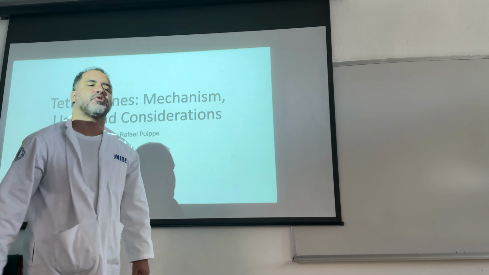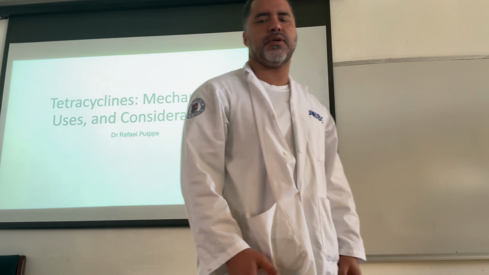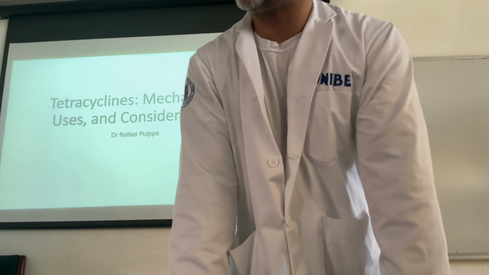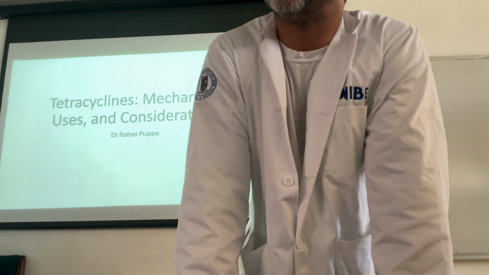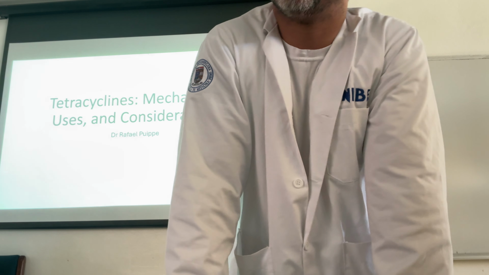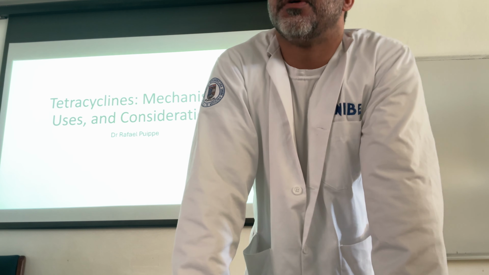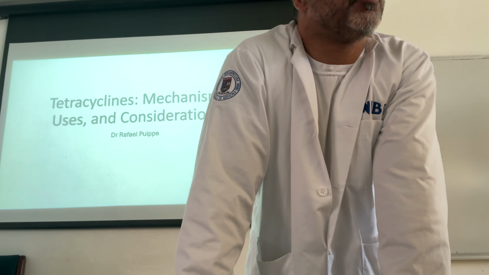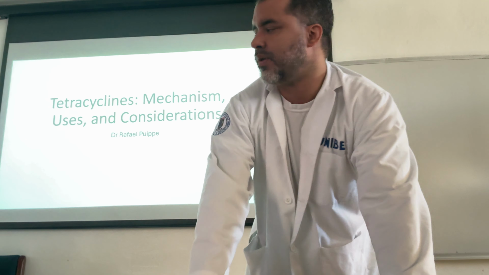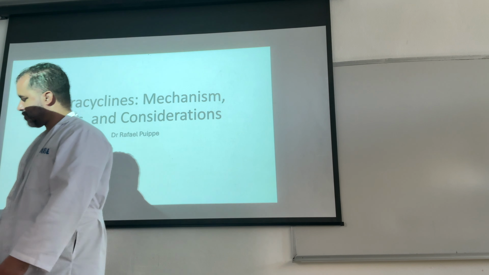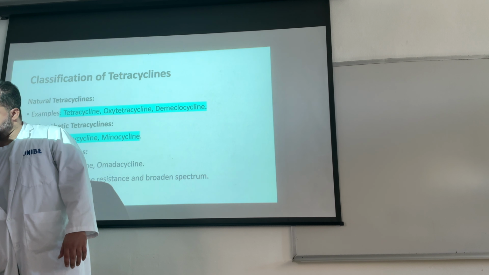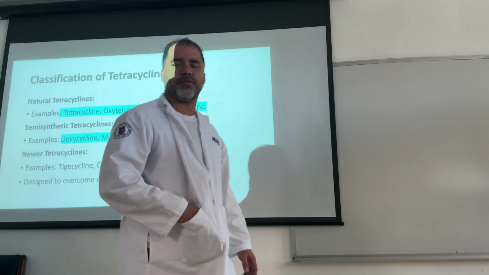Tetracycline now. I want you to think of tetracyclines as very similar to macrolides when it comes to bacterial coverage, right? But more toxic. So here you have the tetracyclines.